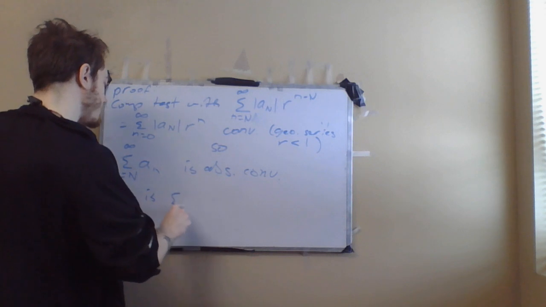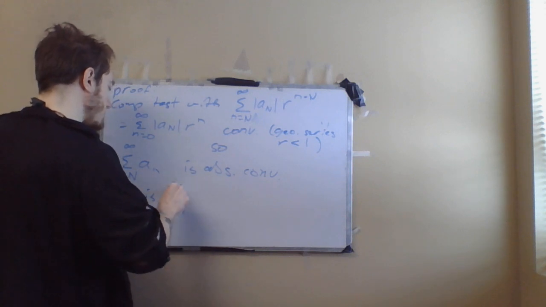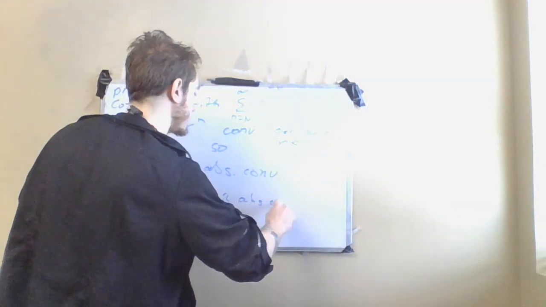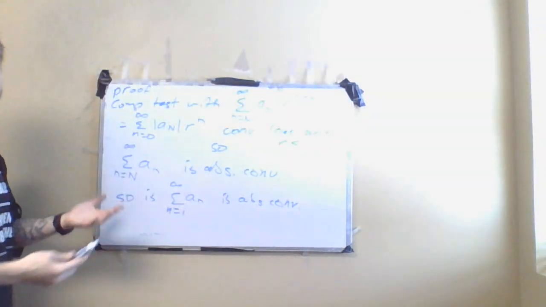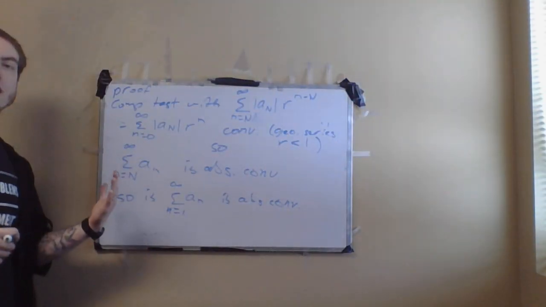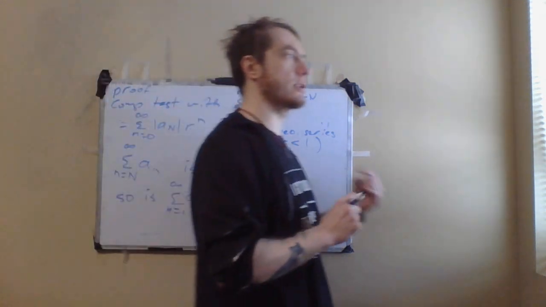That means that the sum from n equals 1 to infinity, or from 0 to infinity, over these a sub n's is also absolutely convergent. Remember, we can always cut off the first few terms, or any finite collection of terms, and it doesn't change the convergence.